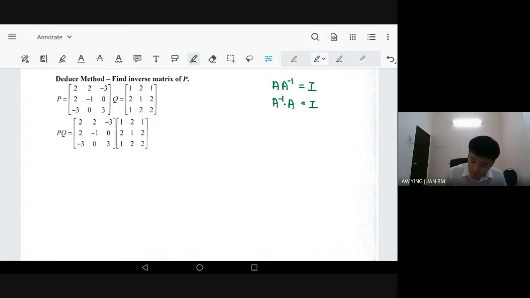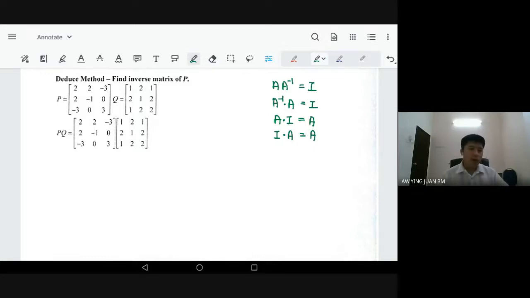Number 3, matrix A multiplied with the identity matrix. So we will obtain A. Finally, the identity multiplied with any matrix A and we will obtain the matrix A. So these are the basic properties that we need to memorize or understand.